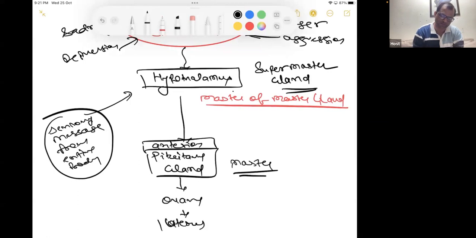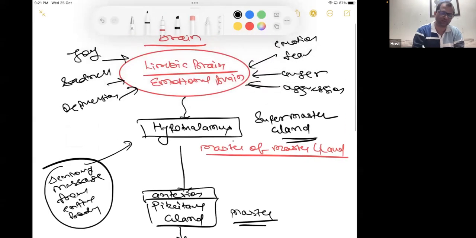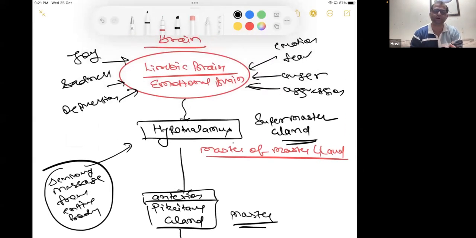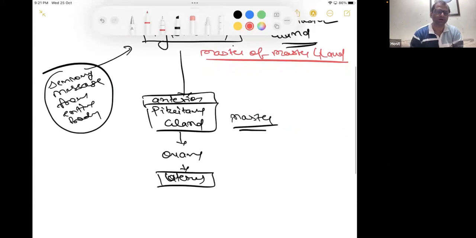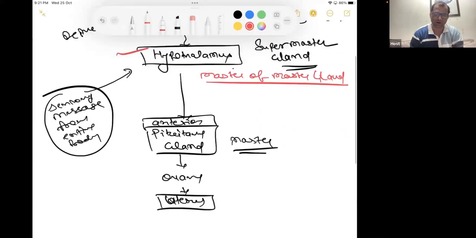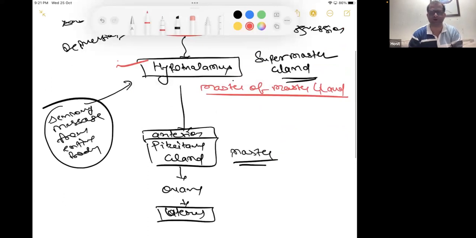This is the channel. You can understand that if there is any problem happening in the uterus or the ovary, it's coming from your emotional brain. It's starting from the emotional brain or the limbic brain, or we can consider it's coming from the hypothalamus. So this is a sequence, right? Limbic system, hypothalamus, anterior pituitary, ovary, and uterus. And you know, the hypothalamus plays a very important role.